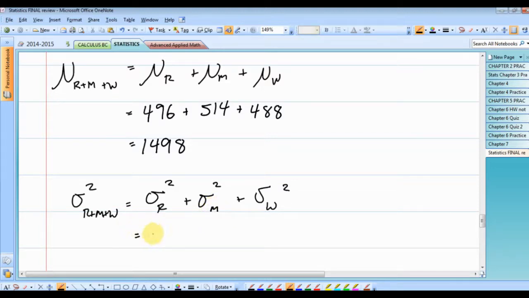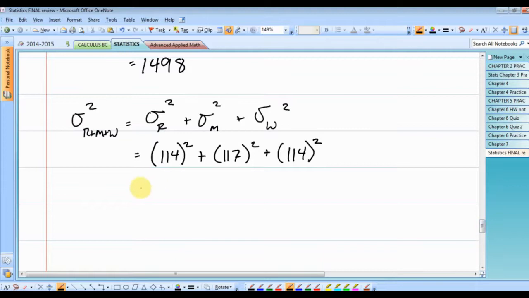They didn't give you those numbers, but they gave you the standard deviations. Standard deviation of reading is 114, of math is 117, and of writing is also 114. To get the variance, you square the standard deviation. It doesn't work otherwise. It has to be variance. Always work with variance. Do not work with standard deviation.